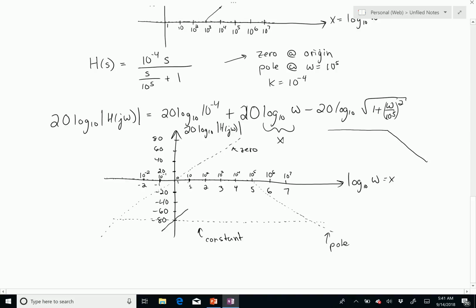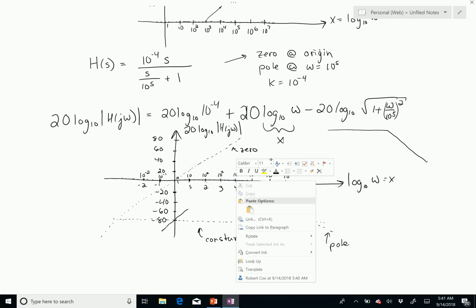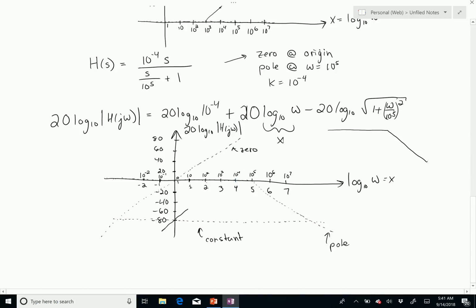It should be minus 60 here, minus 40, minus 20, 0 here, and then 10 here, okay? So I go from minus 80, minus 60, minus 40, minus 20, 0, 20, okay? So I know I got to get to 20.